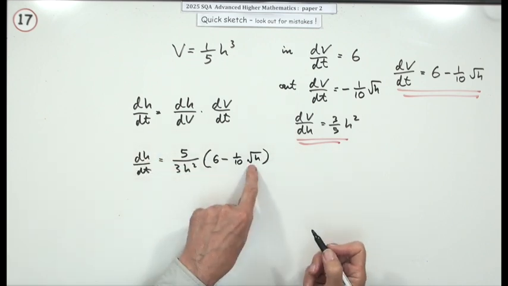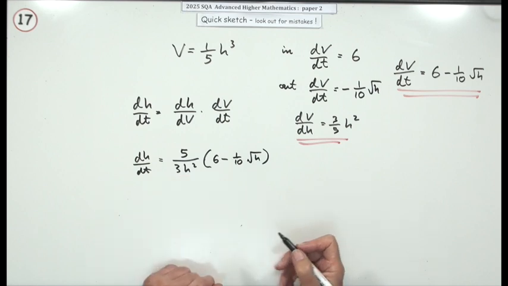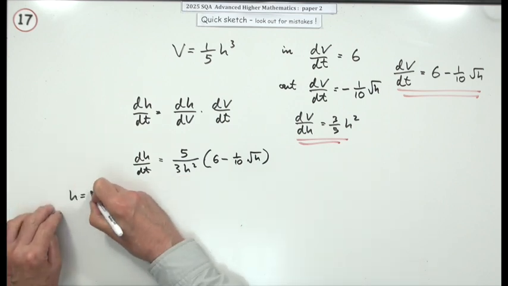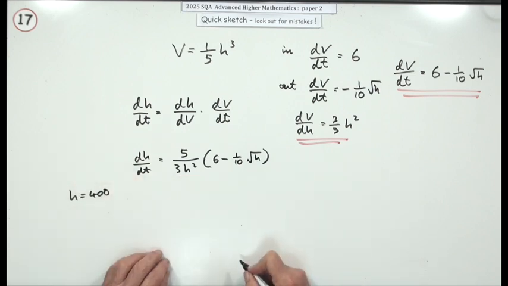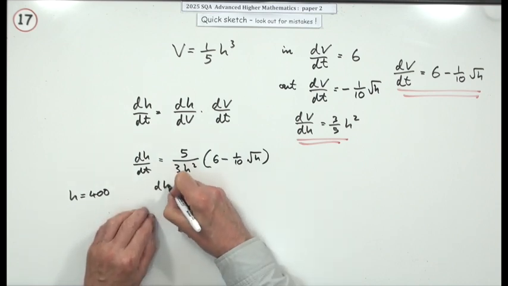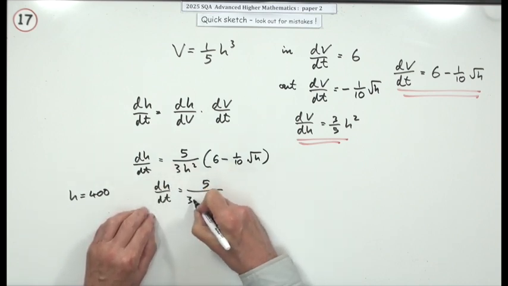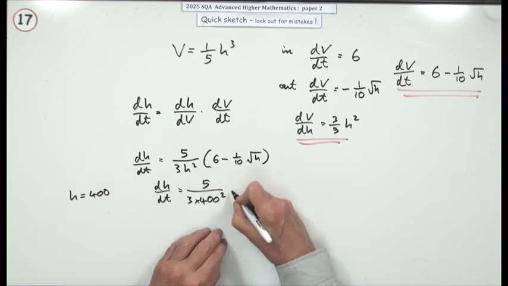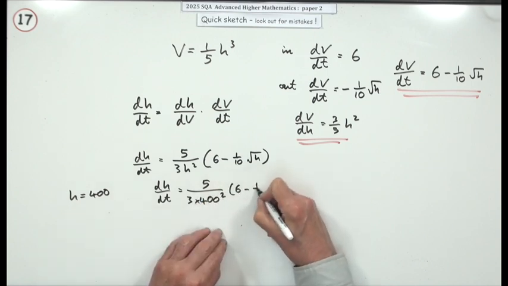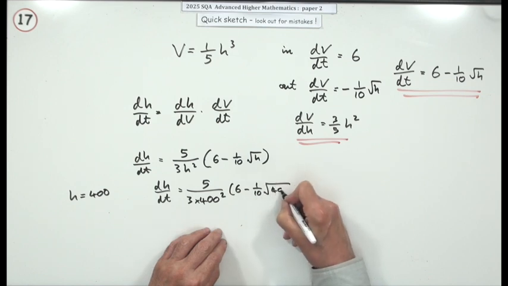Now that obviously depends on h. So it says what happens when the height is 400 centimetres. Well, if the height is 400, the rate of change will be 5 over 3 times 400 squared times 6 minus 1/10 of 400.